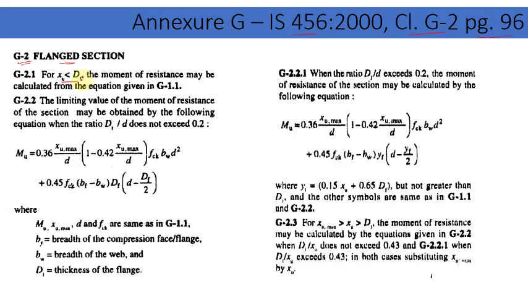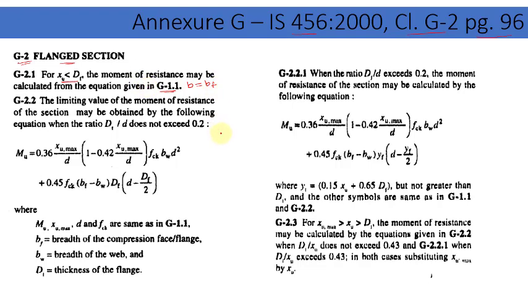That is, your depth of flange is greater than XU. So here, if you want to compute the moment of resistance, you can go to clause number G-1.1, and whatever provision or whatever formula has been given, there what you do, you replace this width of beam with width of flange. So if you do that, you'll be able to compute the moment of resistance.